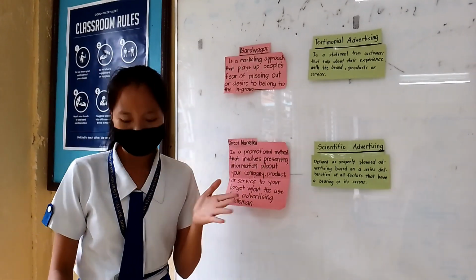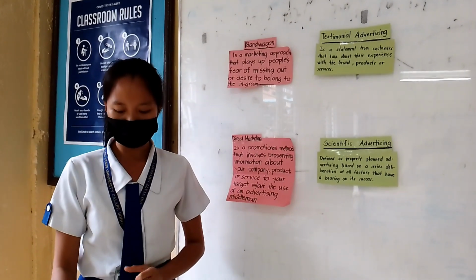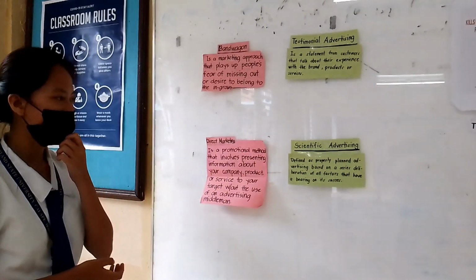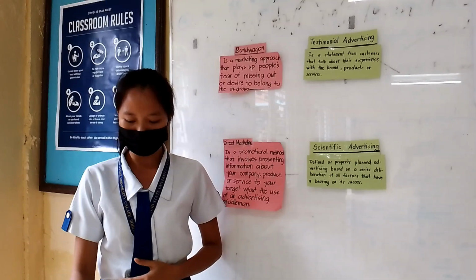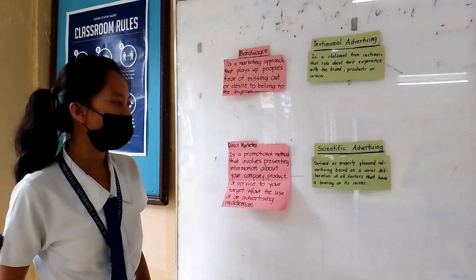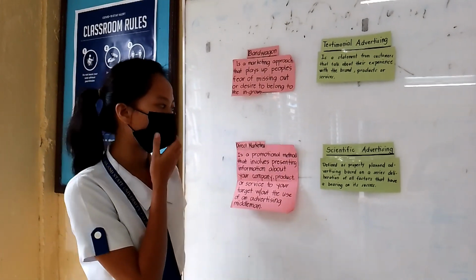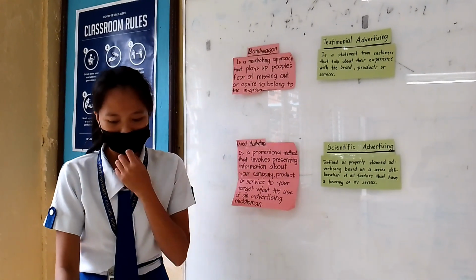Now, the last type of advertising technique that will complete the list is, very good, scientific advertising. Now, what is a scientific advertising technique? Okay, it is defined as properly planned advertising based on a serious deliberation of all factors that have a bearing on its success.